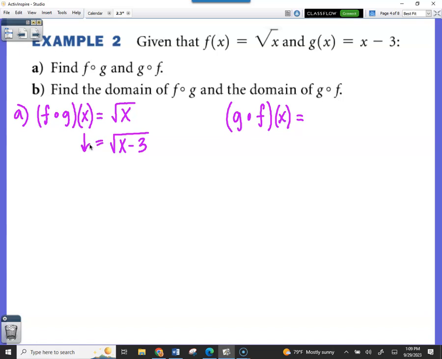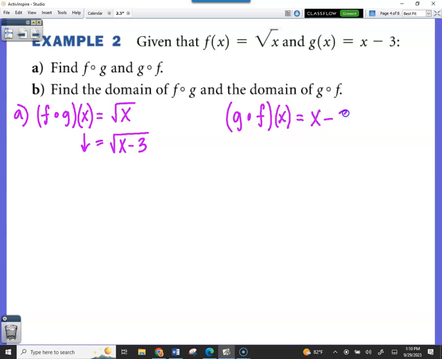You're embedding a function within a function. It's going to take practice. Now G of F. So what do I write first? X minus 3.